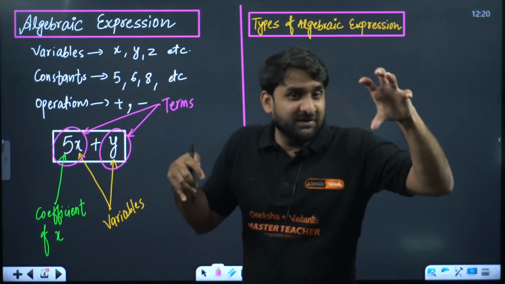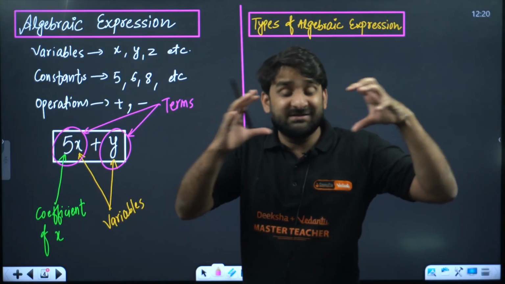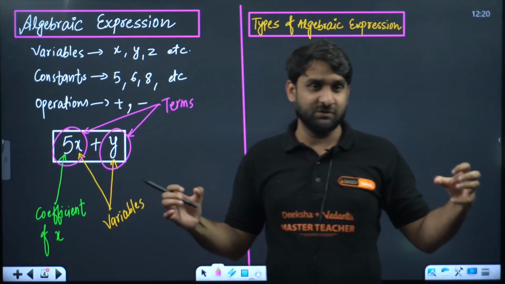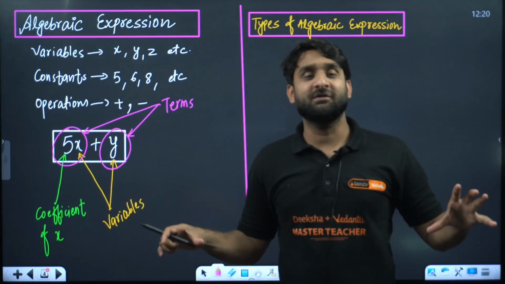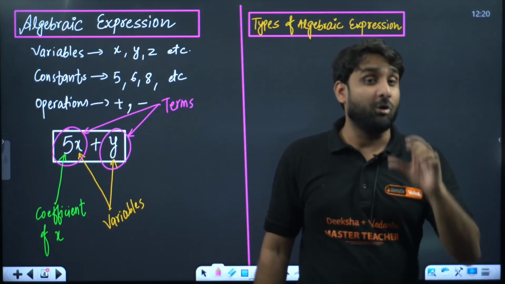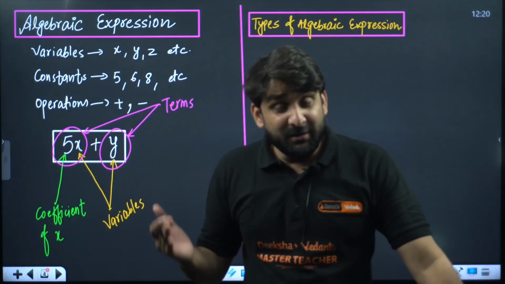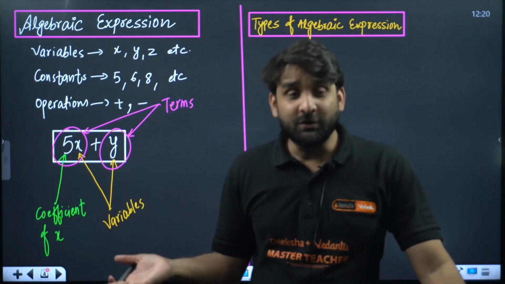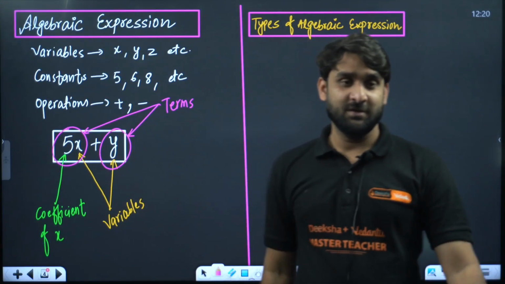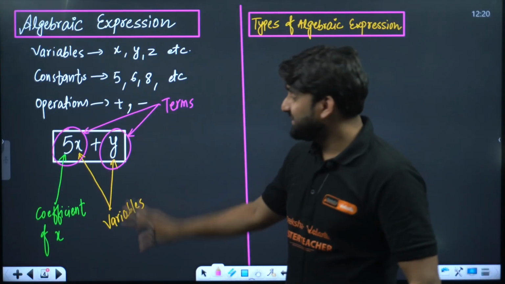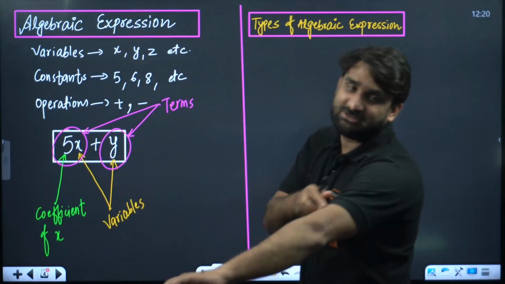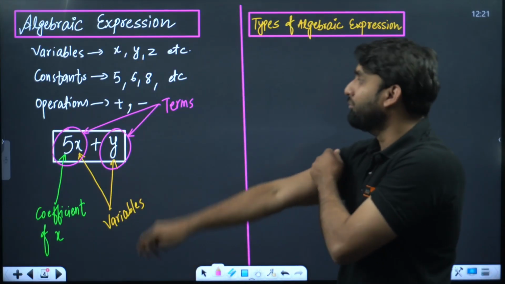Those families are called terms. So in any algebraic expression, there may be a single term, 2 terms, 3 terms, 4 terms, whatever. I hope you are getting my point, and this system is called an algebraic expression. Clear, everyone? Now moving ahead.